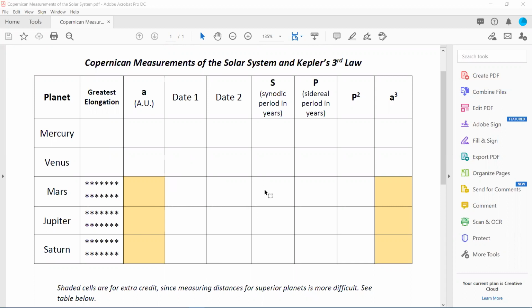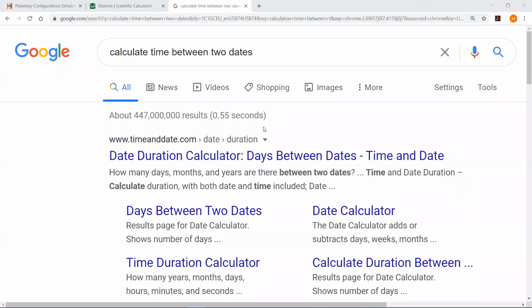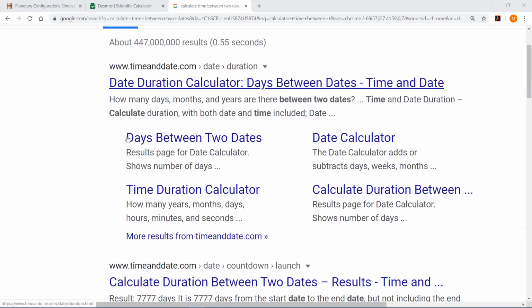I'm going to go to a web browser, and you could do this by hand. You could figure out the number of days between two dates by hand using a calculator, but you can also go to a website and get that done. So I'm going to show you what I'm talking about. All I typed in here was calculate time between two dates, and a whole bunch of websites came up.